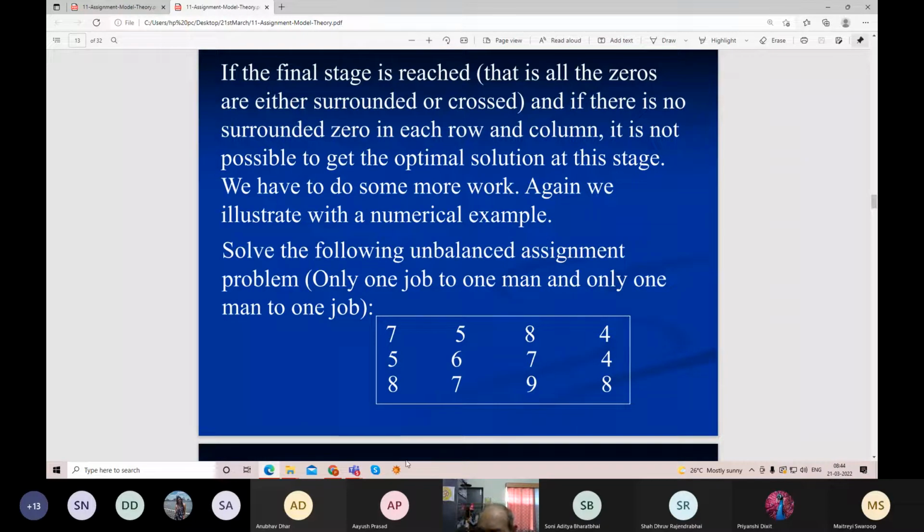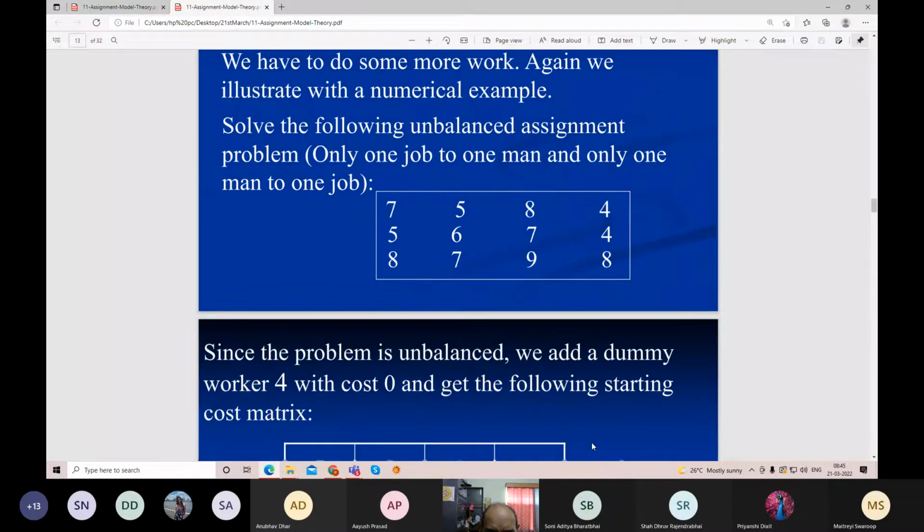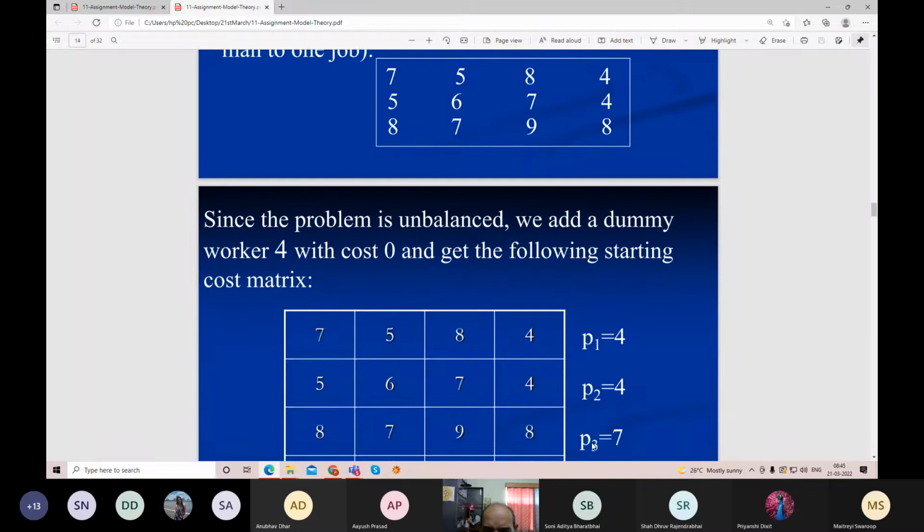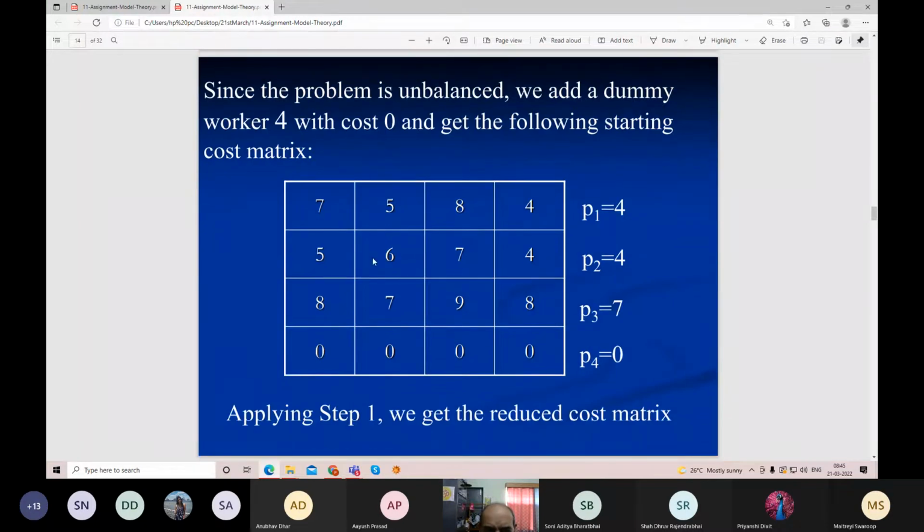The 4th worker we have to add to do this problem. As a result, once you are adding the 4th worker, the processing time of performing all the jobs, all are 0 in this manner. 7, 5, 8, 4, 5, 6, 7, 4, 8, 7, 9, 8, and 0, 0, 0.